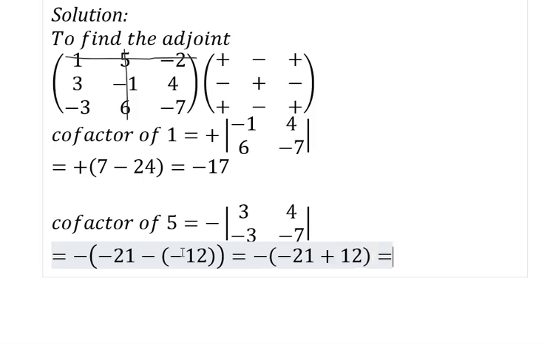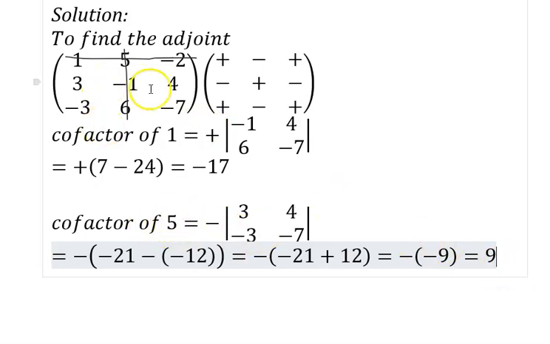So minus 21 plus 12 will give us minus 9. So we have in here minus 9. Then minus times minus here will give us plus. So our answer here, our cofactor here, will be 9. So the cofactor of 5 is 9.